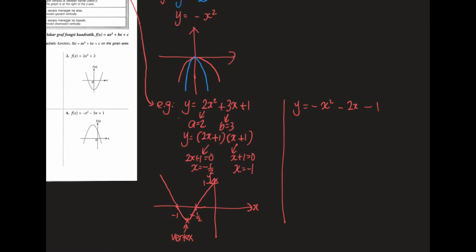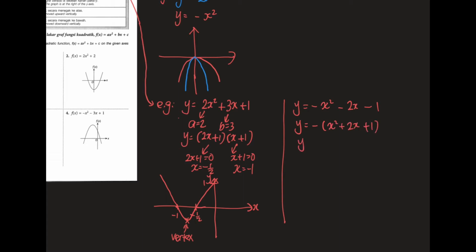Okay, yes, can factorize. So let's say there are many ways to do the factorization. The first way is I take out the negative first, then it becomes x squared plus 2x plus 1.